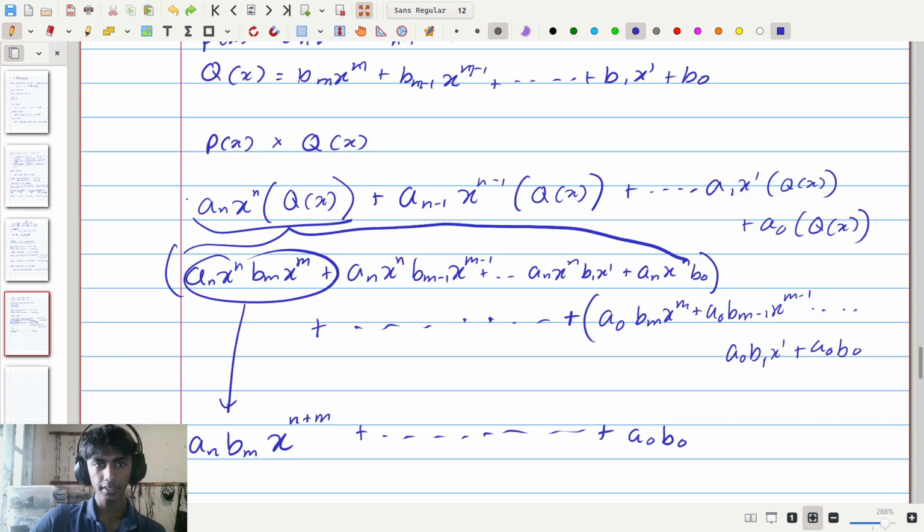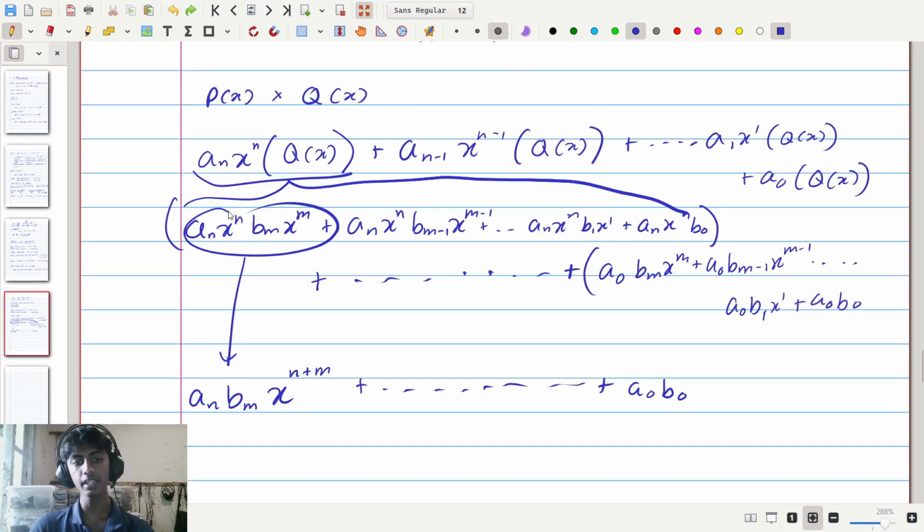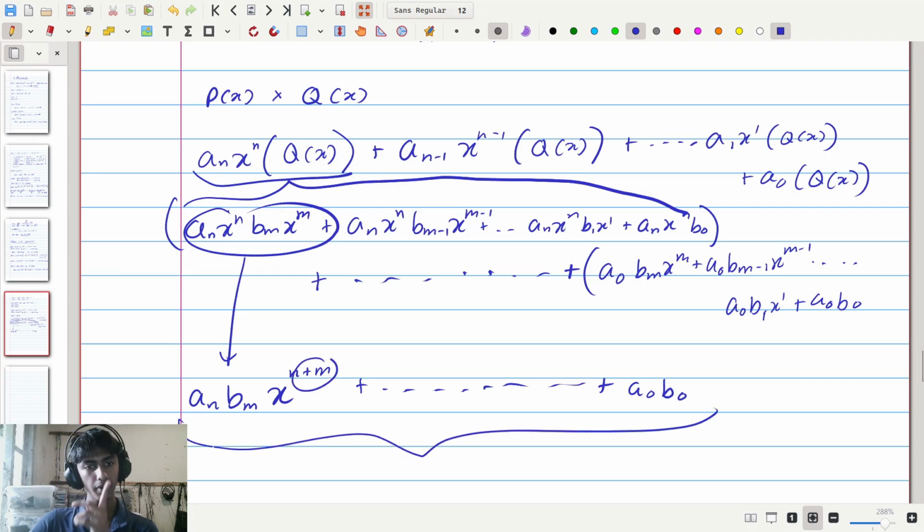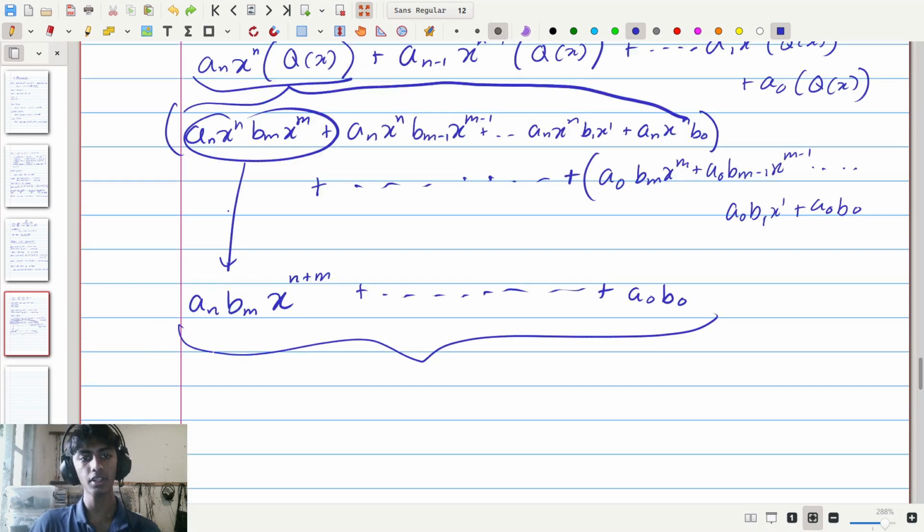This tells us that if p(x) is of order n and q(x) is of order m, then multiplying p(x) by q(x) will result in some polynomial here. This is also still a polynomial, recall. Every single power, which are positive integer powers, is there in the middle here, meaning this is also a polynomial. And in this polynomial we have a highest order term of order n plus m.